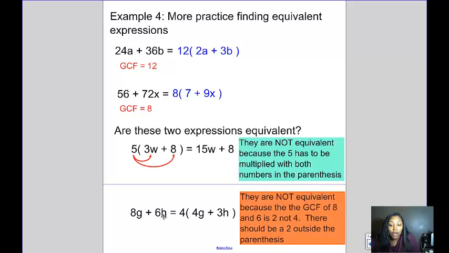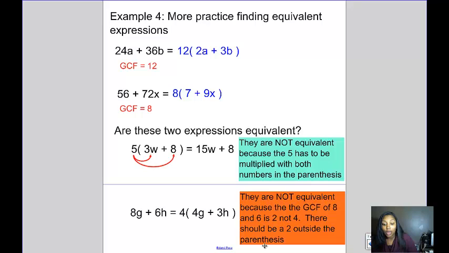And what you would know is that the greatest common factor of 8 and 6 is not 4. So 4 wouldn't have been the number outside of the parentheses if I was going backwards from 8g plus 6h. Their greatest common factor is actually 2. So if there was a 2 on the outside of the parentheses, then this would have been equivalent.